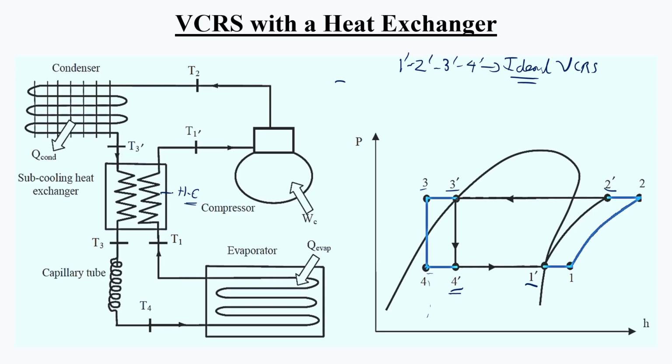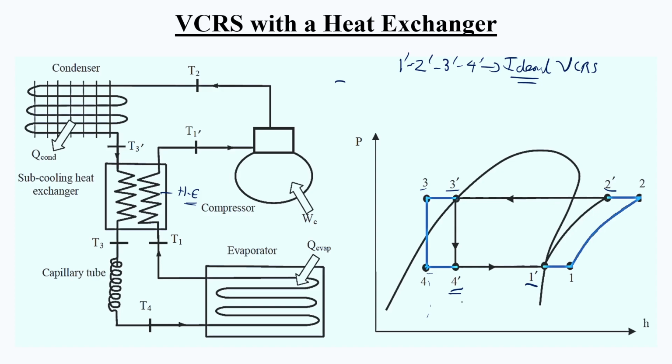Since we are using this heat exchanger, the low pressure vapor coming from the evaporator goes through one side, while the high pressure liquid refrigerant comes through the other side. The vapor absorbs heat from the liquid refrigerant, which is why the temperature of the liquid refrigerant decreases from 3 dash to 3.